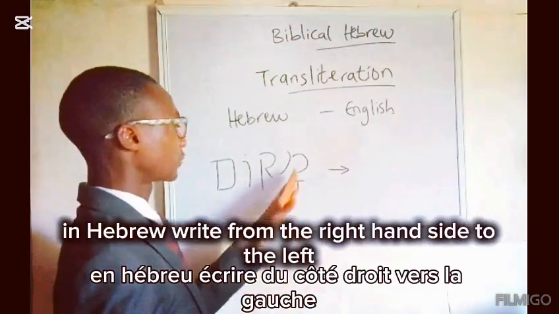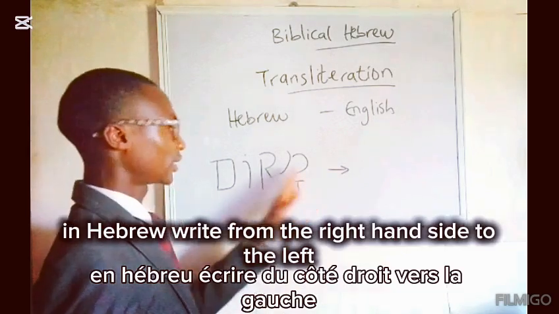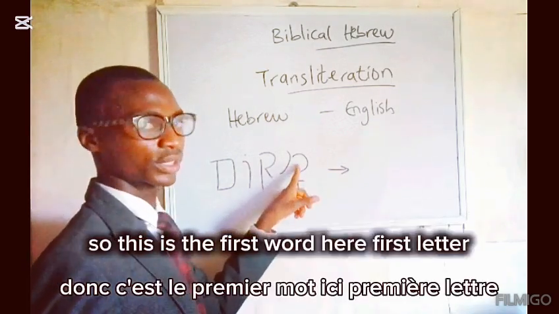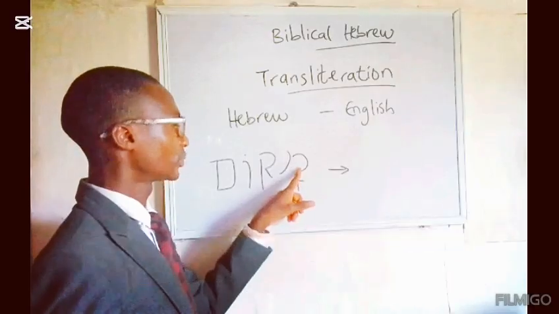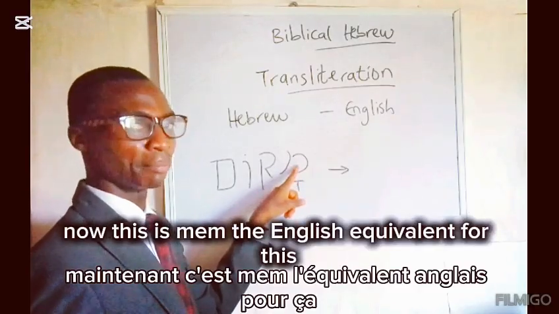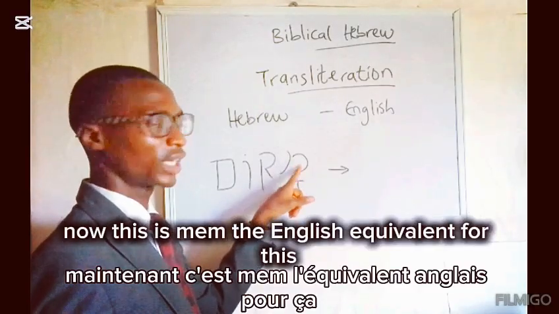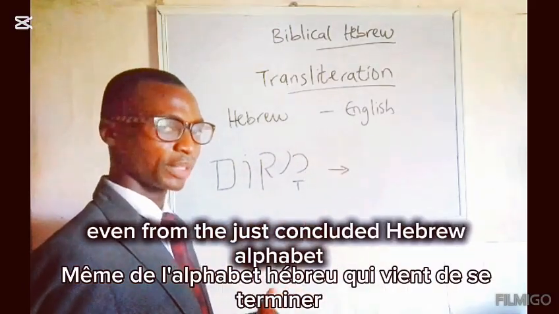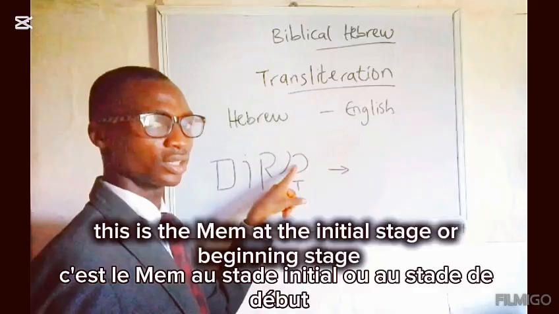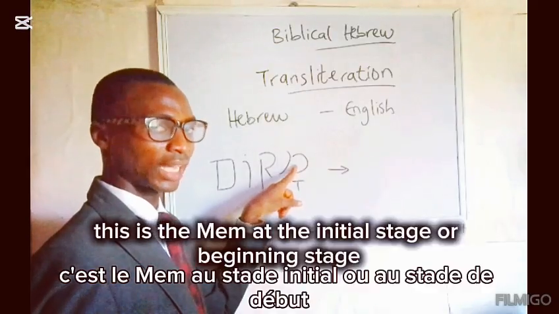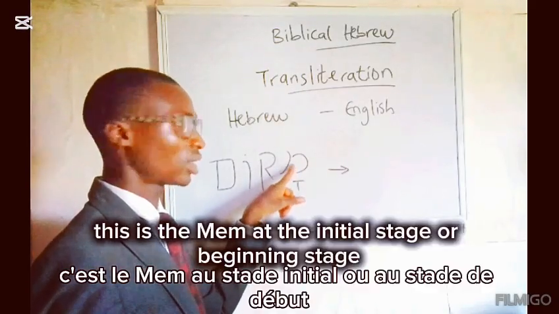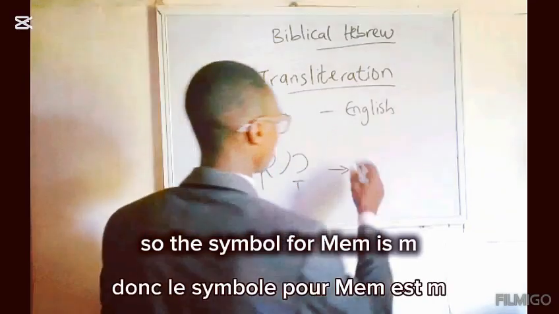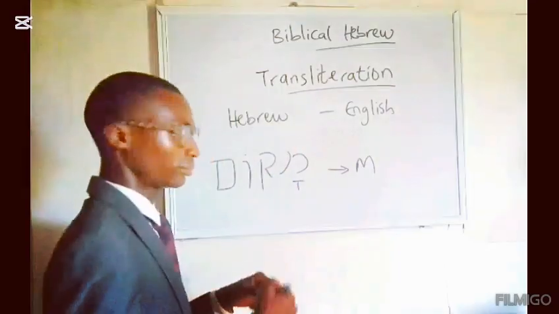In Hebrew, we go right from the right-hand side to the left. So this is the first letter here. Now this is mem, the English equivalence for this, even from the just concluded Hebrew alphabet. This is the mem at the initial stage or beginning stage, so the symbol for mem is m.